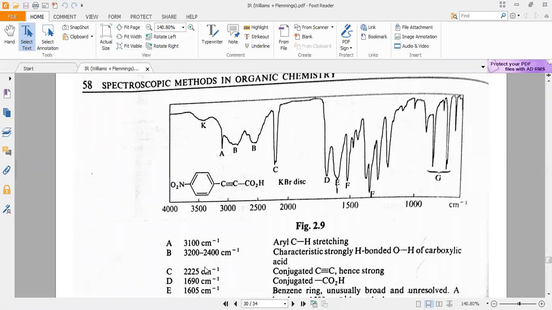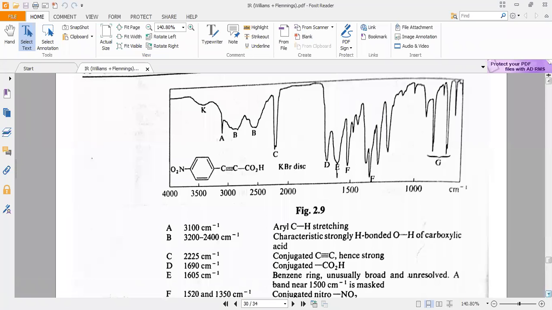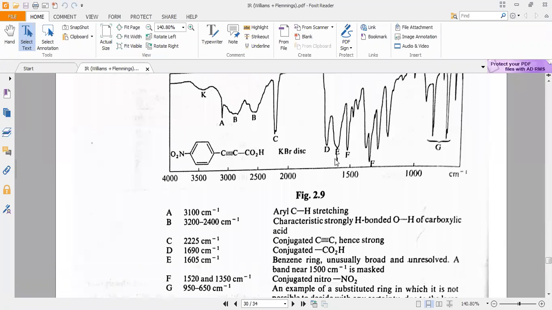What I am interested in presenting here is, first of all, the nitrogen double bond O. Nitrogen double bond O also appears around this region, 1500 something. Let's see if I present here the nitrogen oxygen double bond.